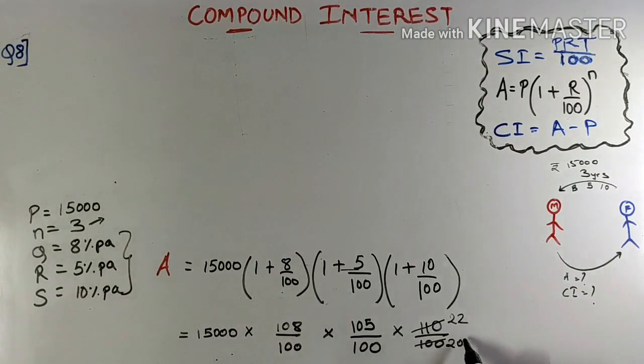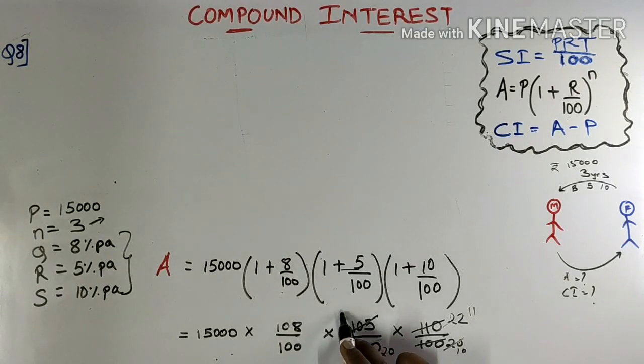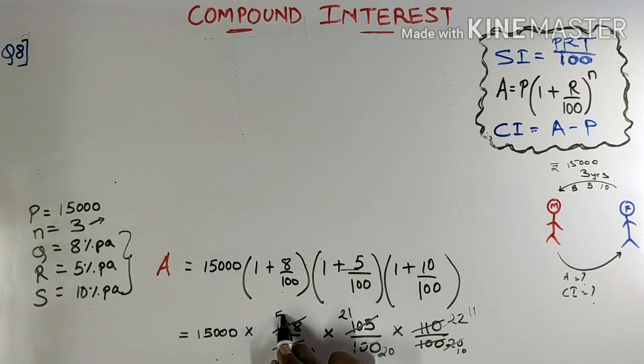Okay, 2 10s are 20, 2 11s are 22. Now we have 11 by 10 in the last fraction. Over here 5 20s are 100, 5 21s are 105. Over here 2 50s are 100 and 2 54s are 108.